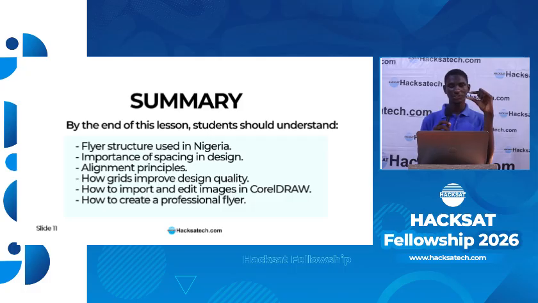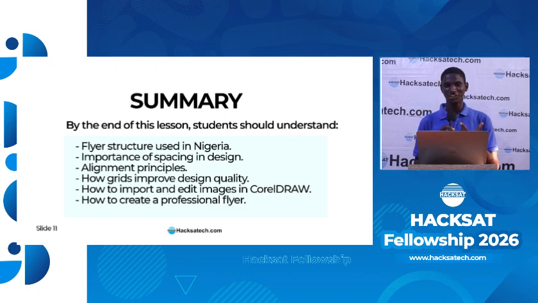One main image, get an image that is going to be used. Clear event details, make sure you have clear event details on the flyer. Proper spacing and alignment. Make it professional, don't make it unprofessional. So maintain proper spacing and alignment, and then use this tool, Power Clip, or the transparency tool.